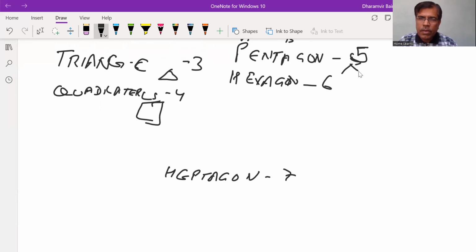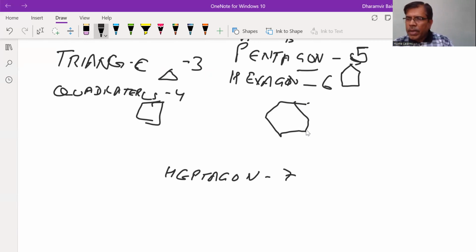One, two, three, four, 5. This is the pentagon. Then the hexagon. Hexagon has 6 sides. One, two, three, four, 5, 6 sides.